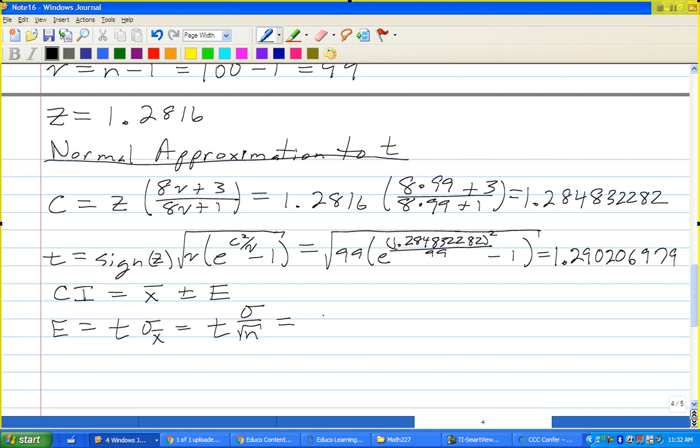And so I get 1.290206979 times, well, we don't know the standard deviation, but we do know that the sample standard deviation was 25, and the sample size was 100. So let me multiply that, times 2.5.